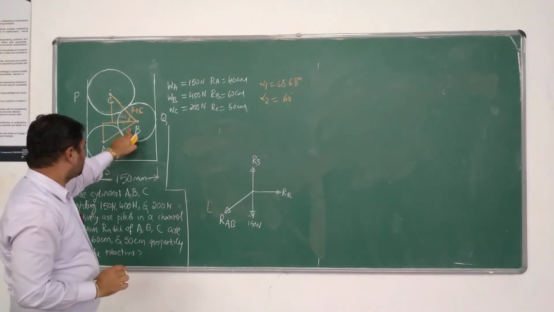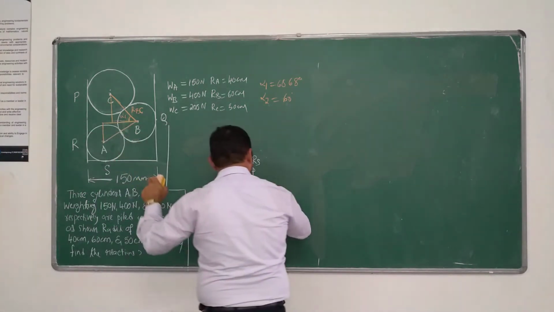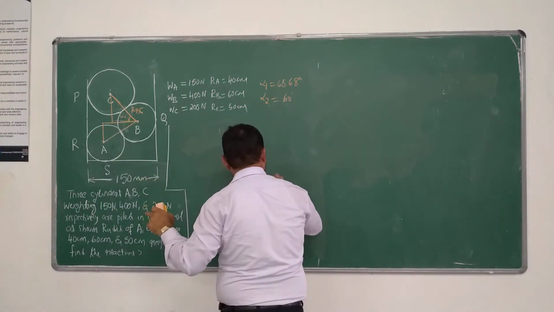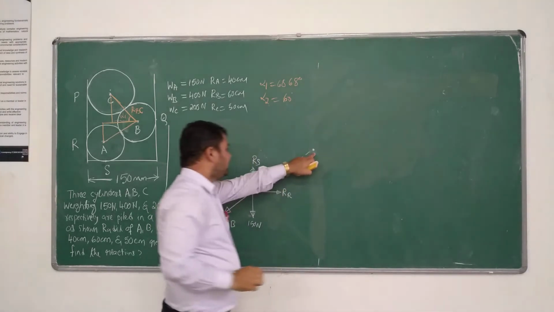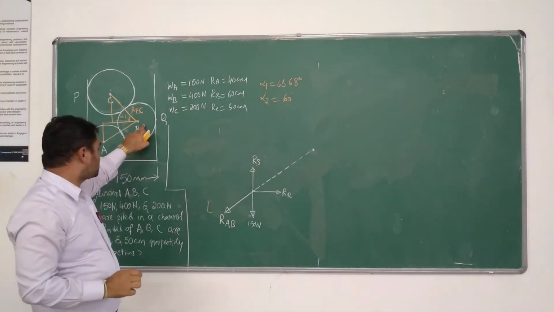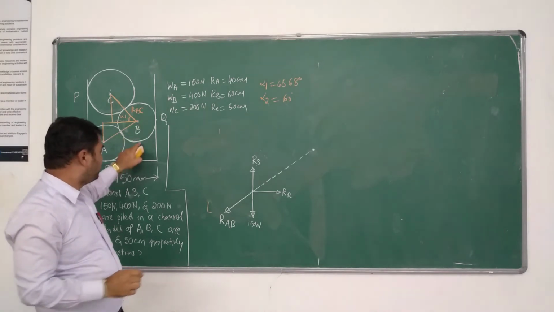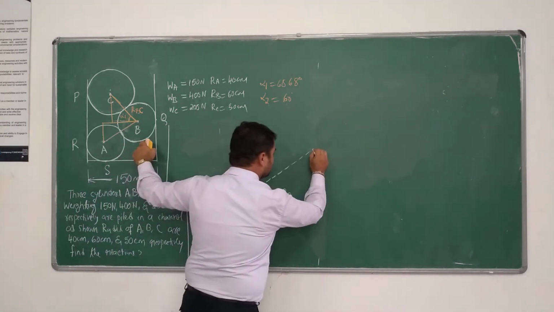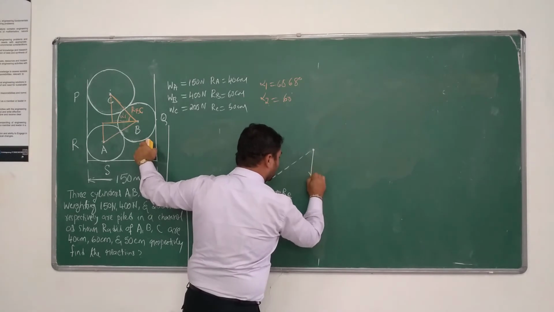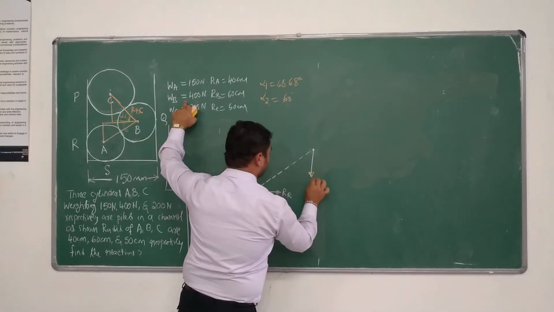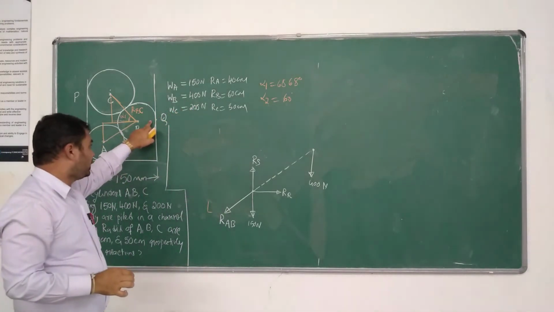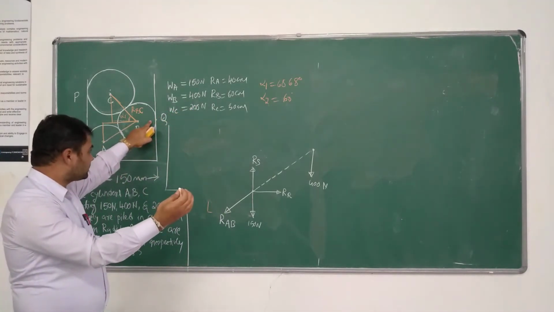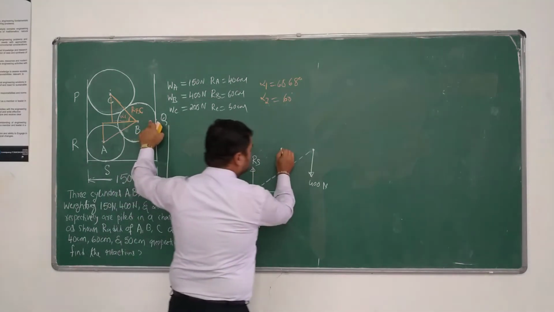Now let us write down the free body diagram for cylinder B, in the same direction. Mark the point B and check the forces acting on it. On cylinder B, there is a self weight acting in the downward direction. The weight of B is 400 Newton. Next, at the contact point Q, there is a reaction which acts from right to left.